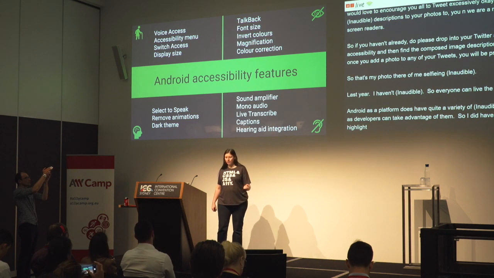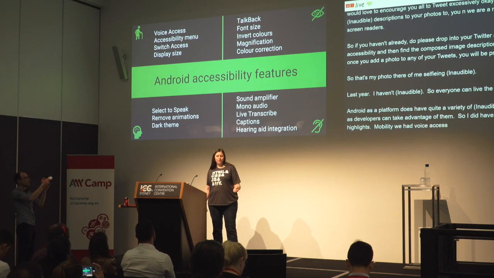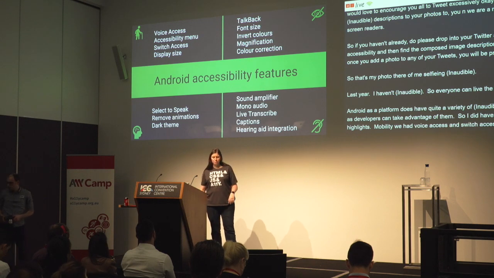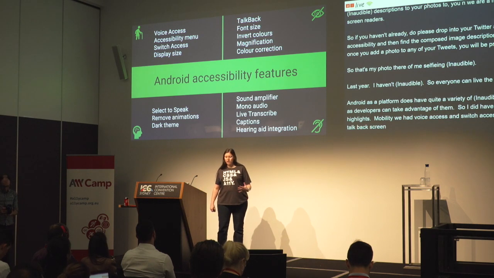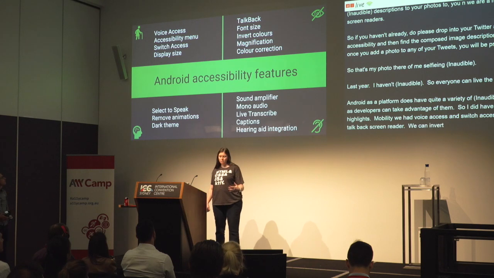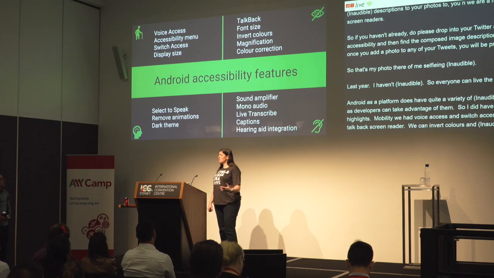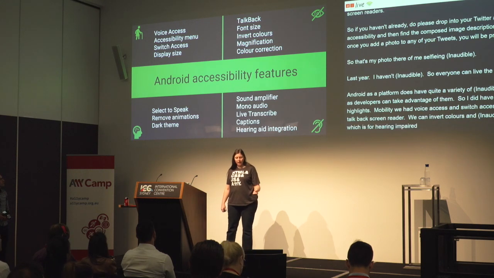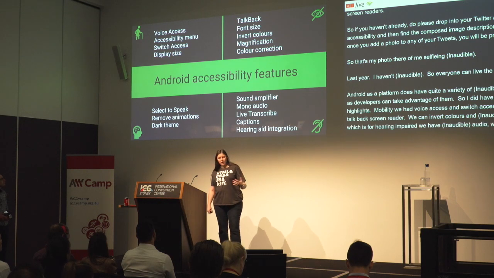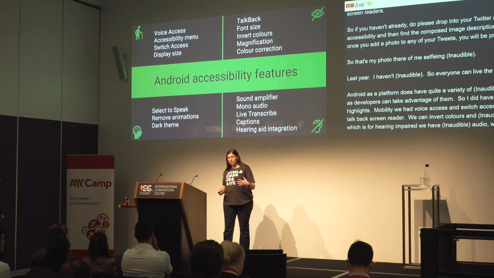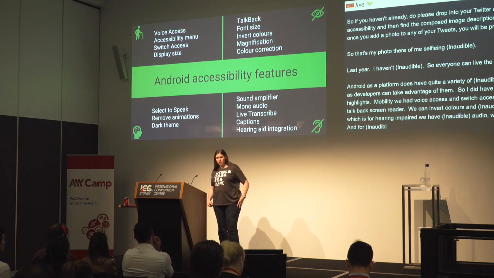For vision impairment, we have the Talkback screen reader. We can invert colours and invoke magnification. To support hearing impairment, we have mono audio, we have live transcribe and captions. And for cognitive impairment, we can have select to speak. We can also have the dark theme for better ease of reading and those sorts of things.